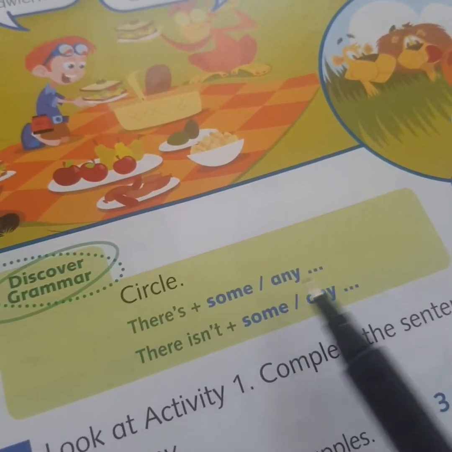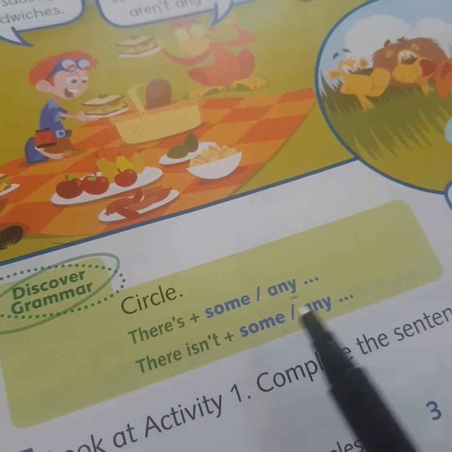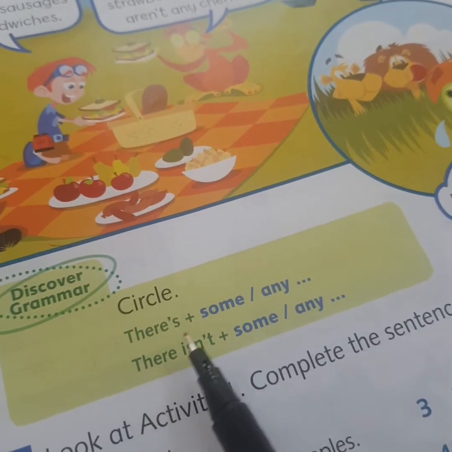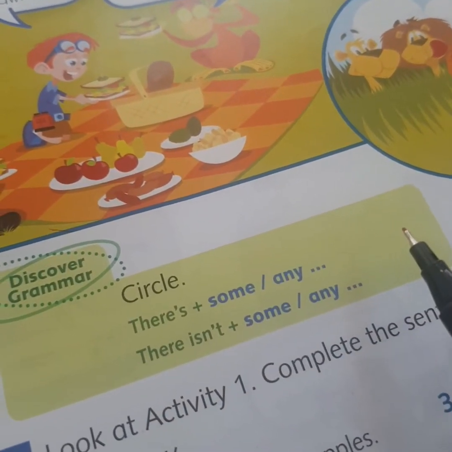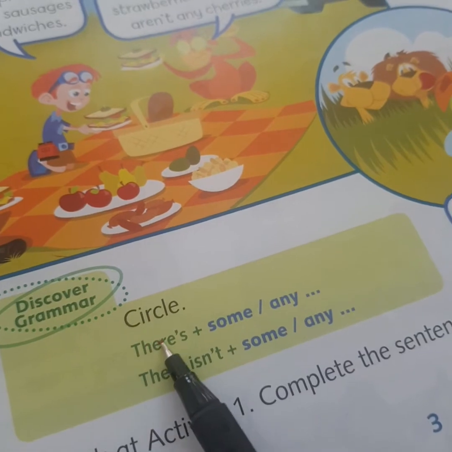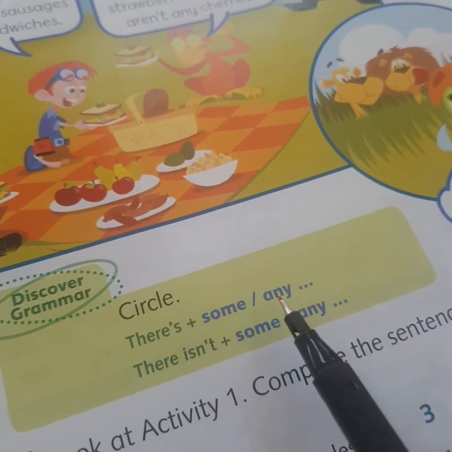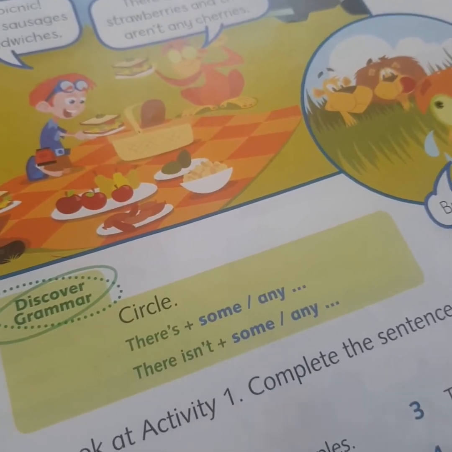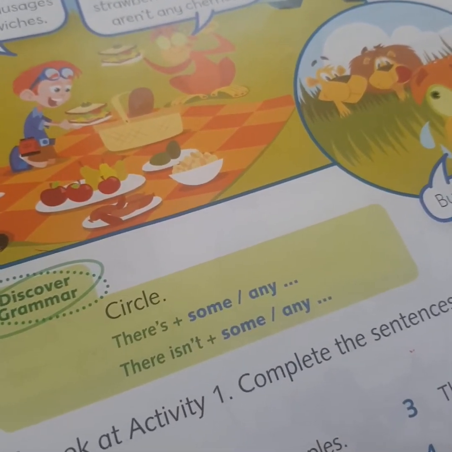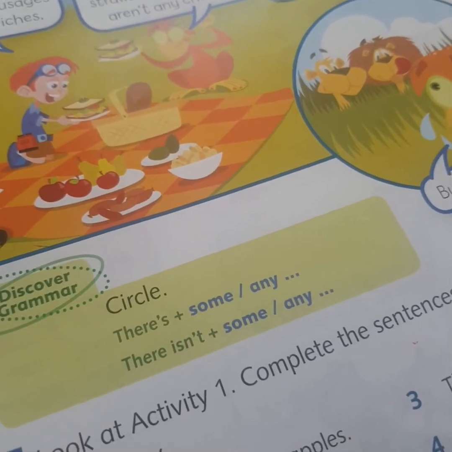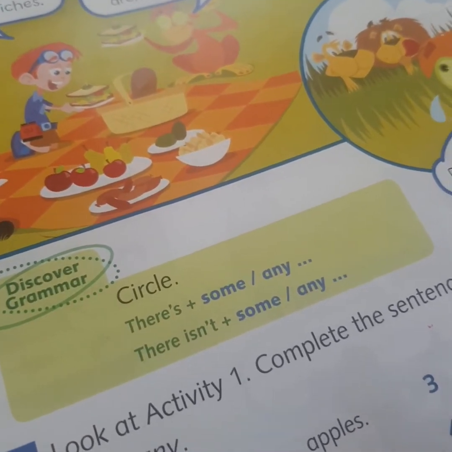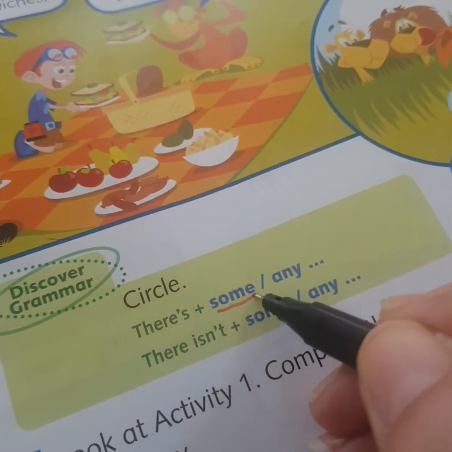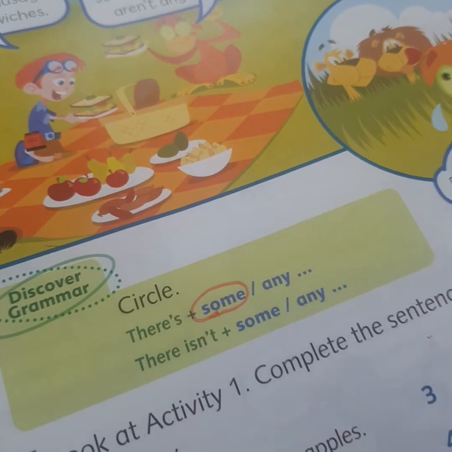Is this an affirmative sentence, a negative sentence, or an interrogative sentence? Yes, it's an affirmative sentence. جملة مثبتة. So, what should I circle? We should circle some.